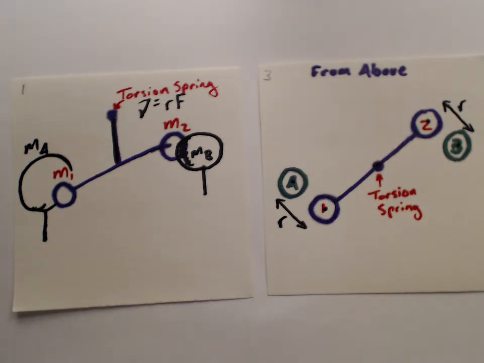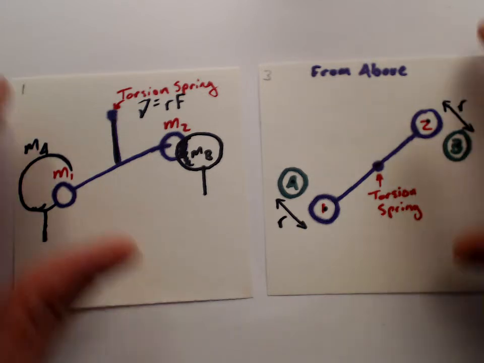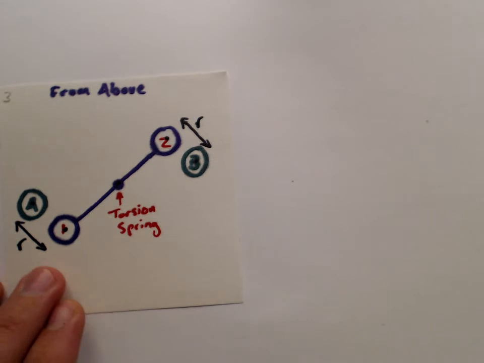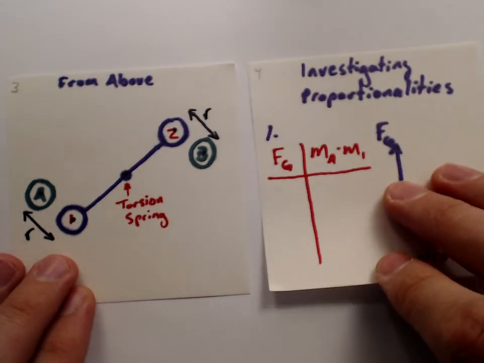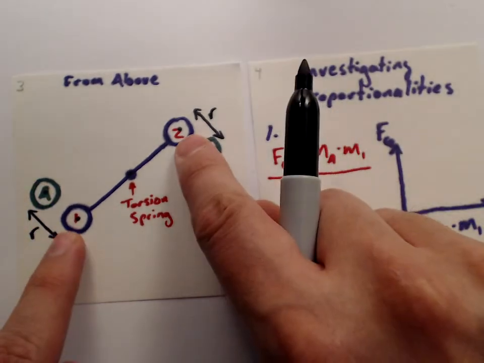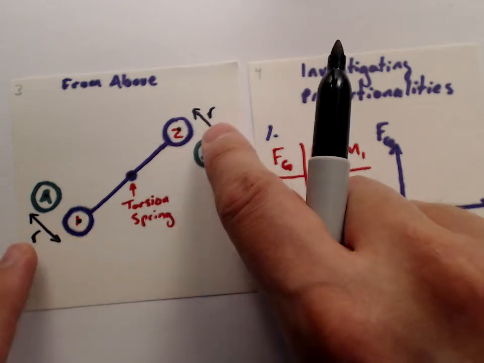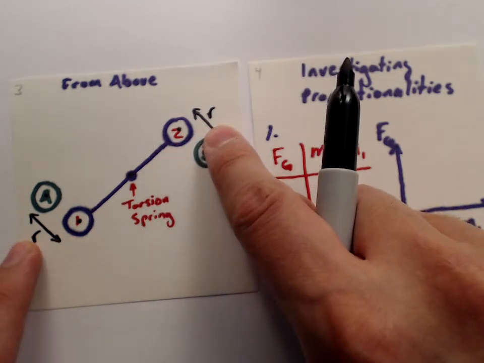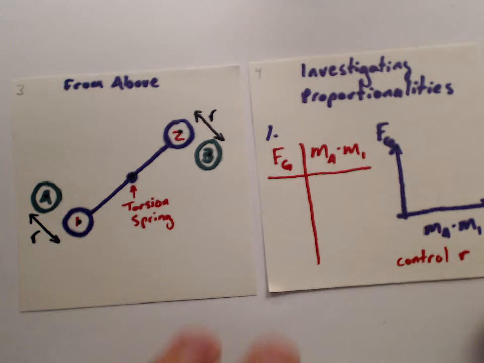Anyway, over time and with meticulous observations and understanding how torque works, Cavendish was able to build up a set of data. He started taking a look at all the force measurements that he got out of this twisting system. He modified mass A and mass B, keeping them the same, modified mass 1 and 2, keeping them the same, and then he tried starting the masses at different distances away from one another. And you can build up a lot of data from this.